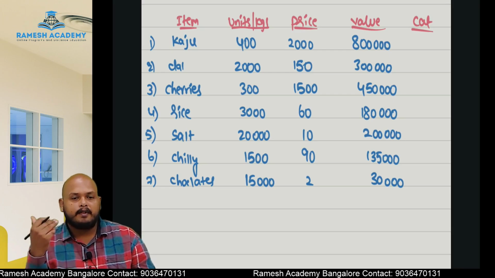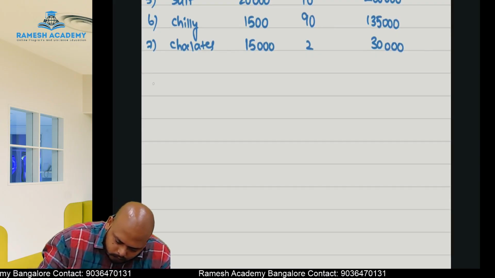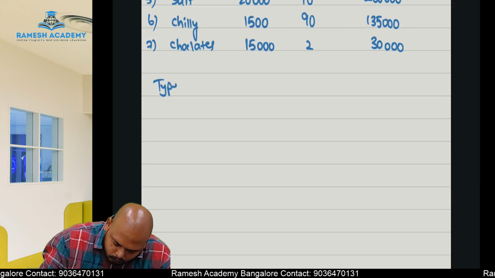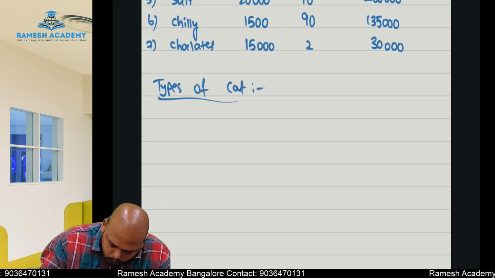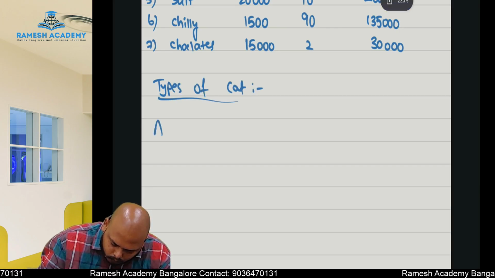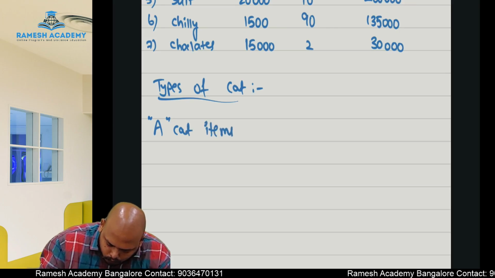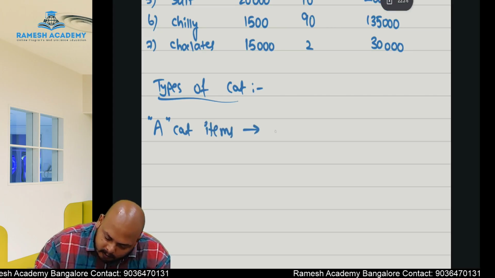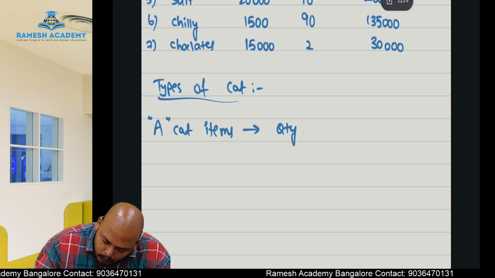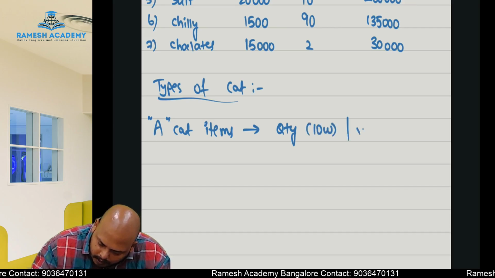Generally, the items covered under A category, the quantity will be low, but the value will be high.